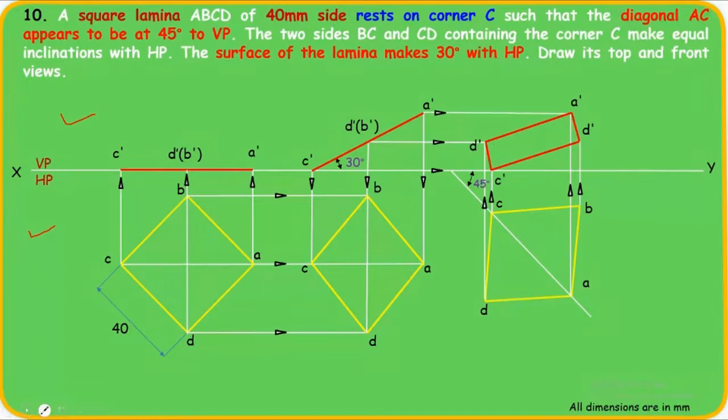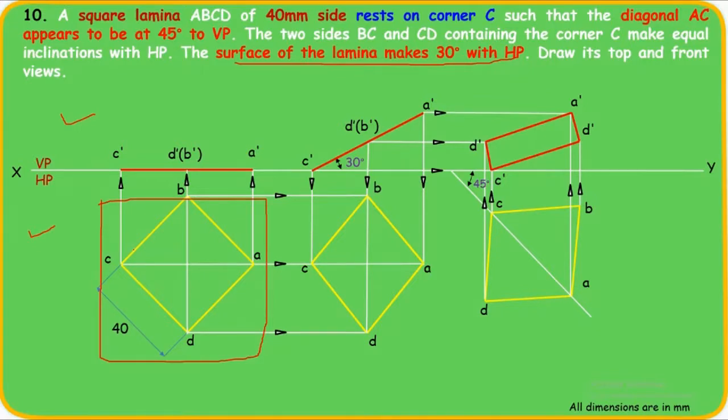With this last sentence, we come to know that the surface of the lamina is making an angle with respect to the horizontal plane. So your true shape of the lamina in the first step will be on the horizontal plane. The lamina is resting on the horizontal plane, so you have to draw it here.